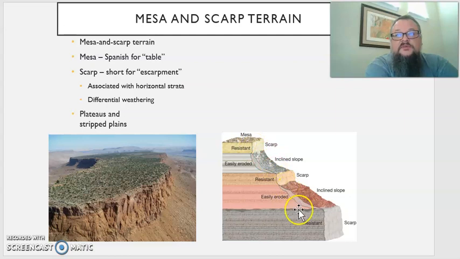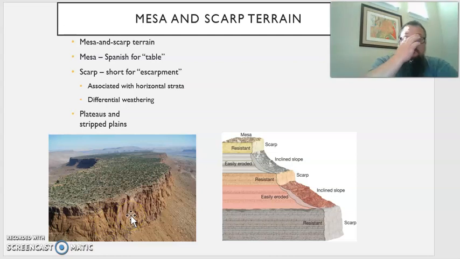The cap rock and the more resistant material will weather at a different rate than the material that is more easily eroded, and as such, you get differential weathering in the landform.